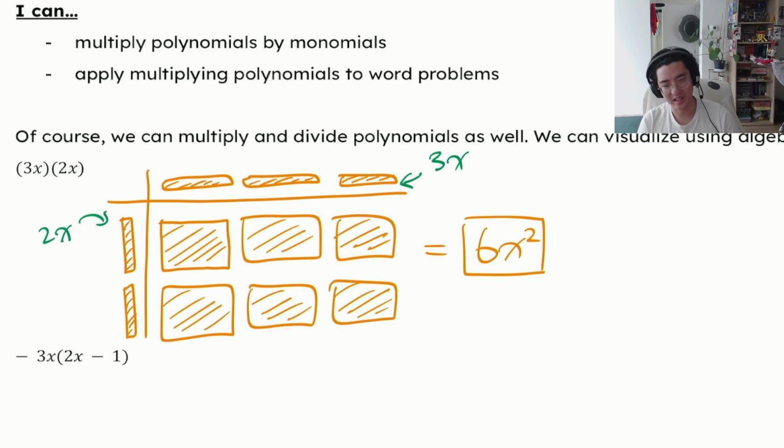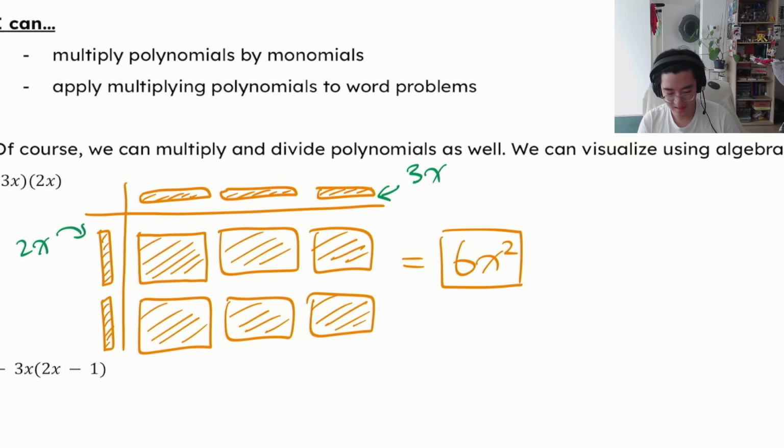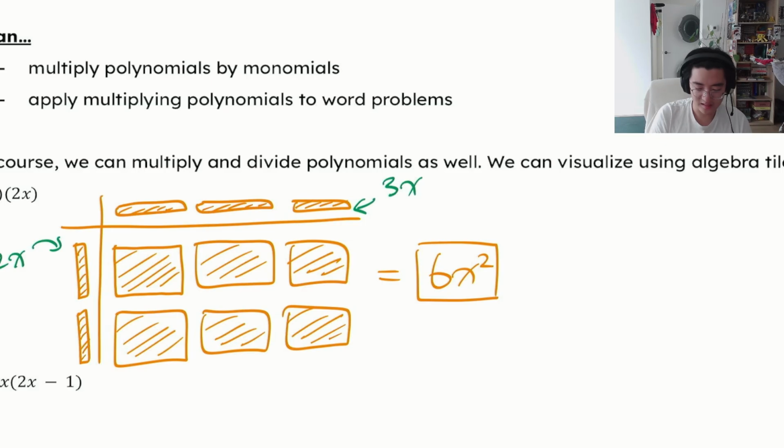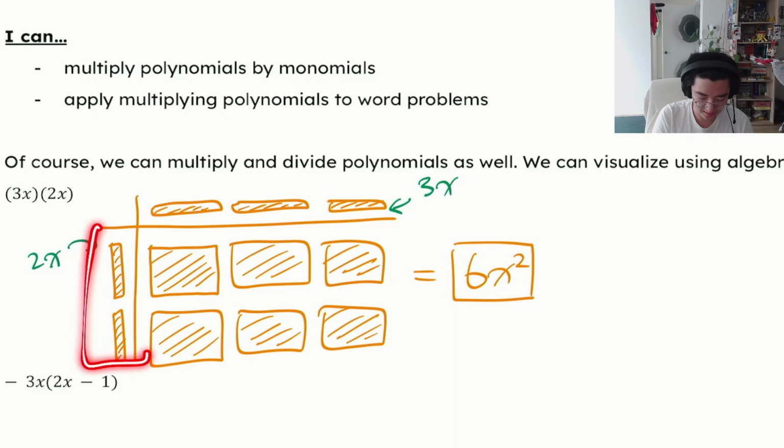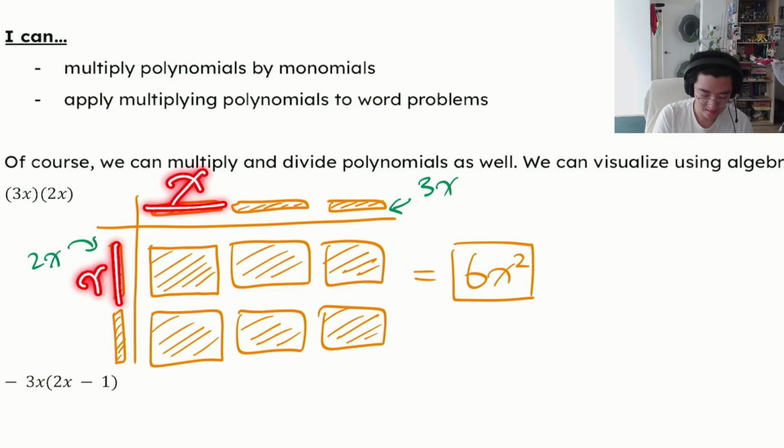So that's the area model. That's why this actually works. Think of it this way: we have 3 of those x tiles here and 2 of those x tiles here. Each of those x tiles has a length of x. So when you multiply the two lengths of x together, we just have x times x.